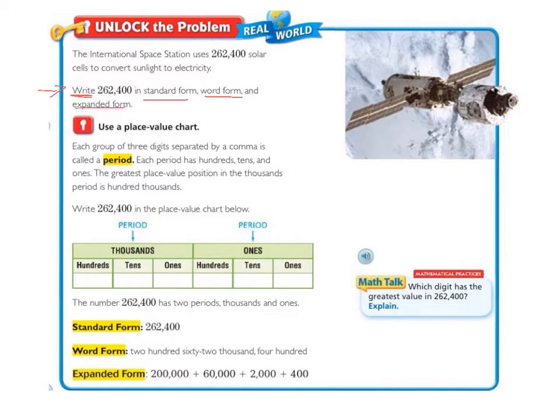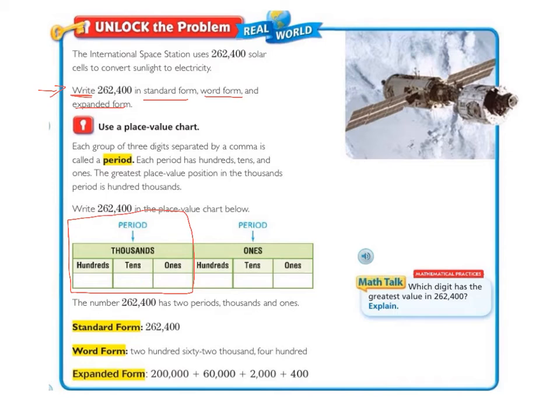So, first we're going to use a place value chart. A place value chart is going to help us organize where each of these numbers go and the value of each number. So it says each group of 3 digits is separated by a comma. And that is called a period. So this section here where the thousands are is called 1 period.